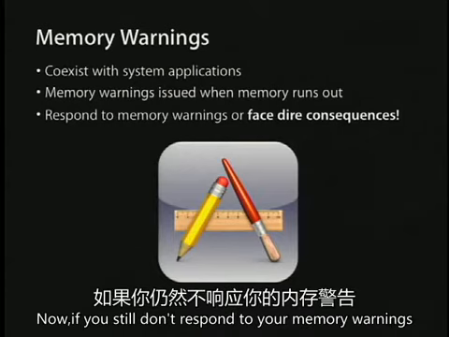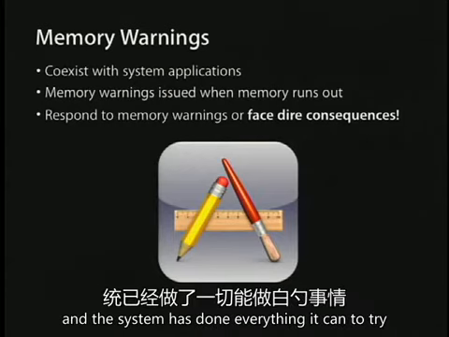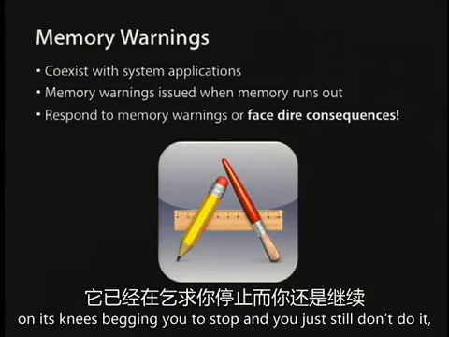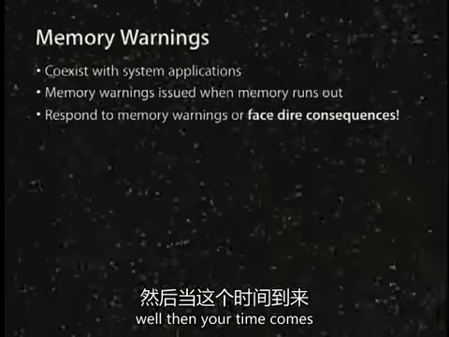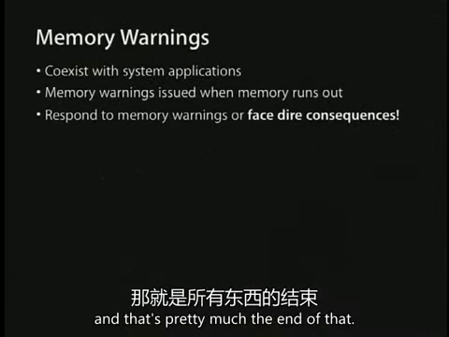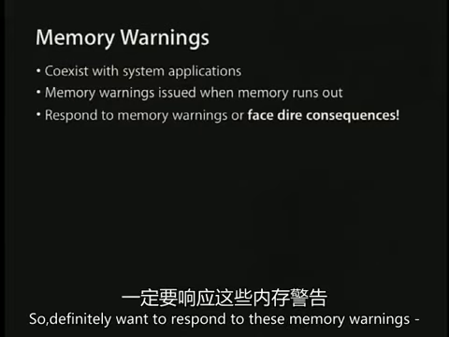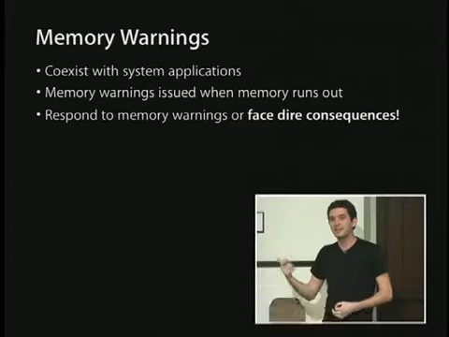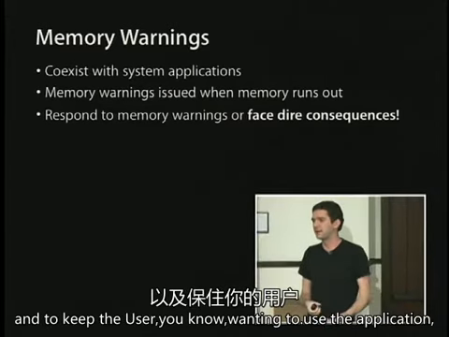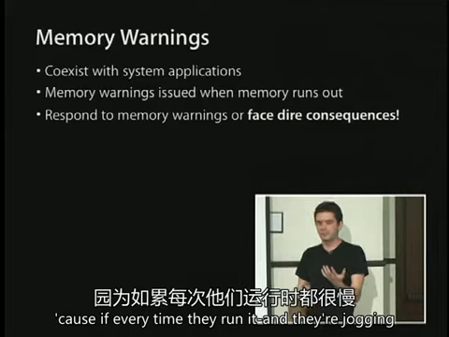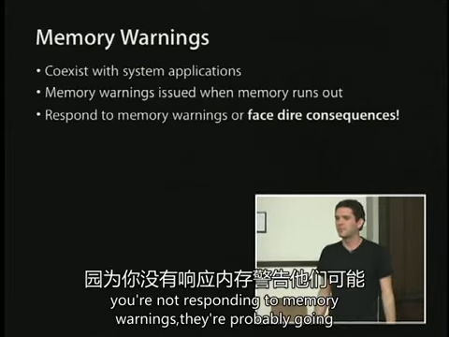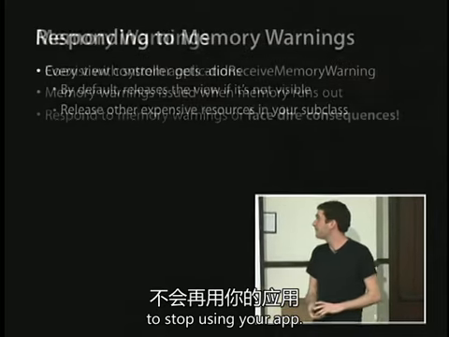Now, if you still don't respond to your memory warnings and the system's done everything it can to give you as much memory as it can, and it's kind of down on its knees begging you to stop, and you just still don't do it, well, then your time comes. And that's pretty much the end of that. So you definitely want to respond to these memory warnings, both to avoid having your application get killed and to keep the user wanting to use your application. Because if every time they run it and they're on their jog and listening to music, it stops playing their music because you're not responding to memory warnings, they're probably going to stop using your app.